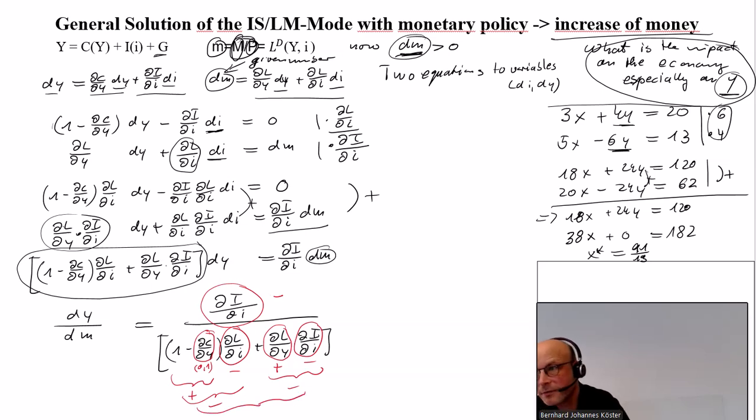The sum of two negative numbers is still negative. The division of a negative number by a negative number is positive. Minus divided by minus is plus. So overall, we have that this is positive.